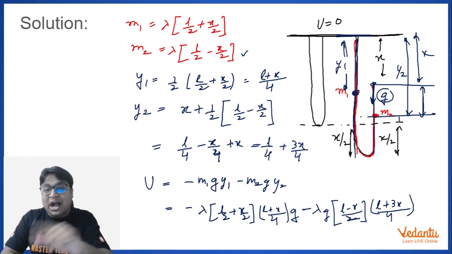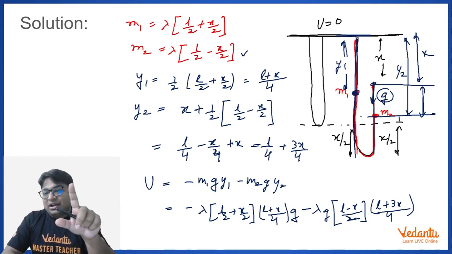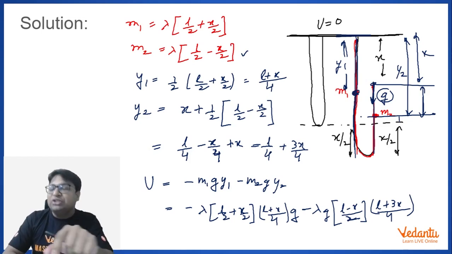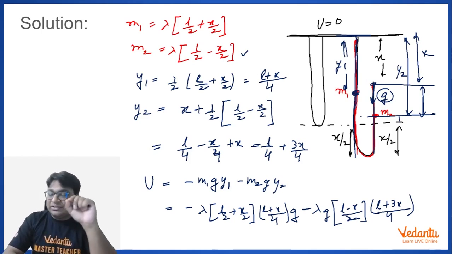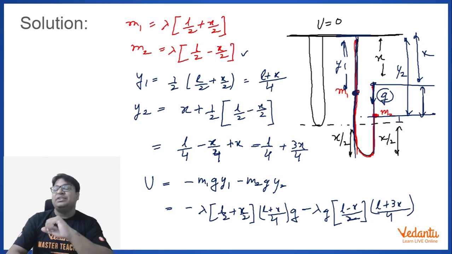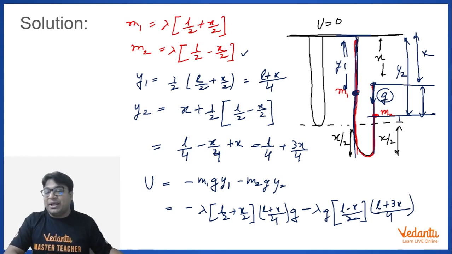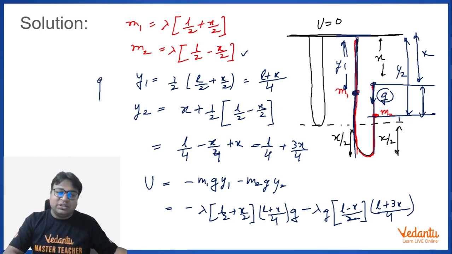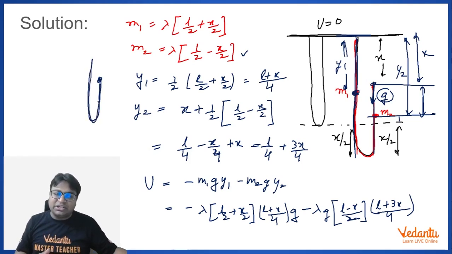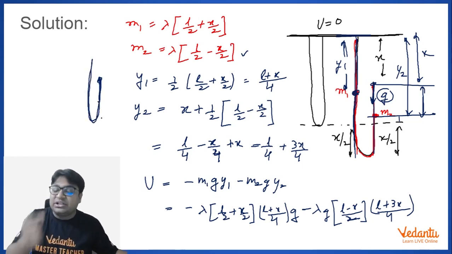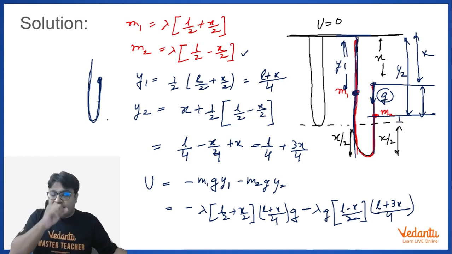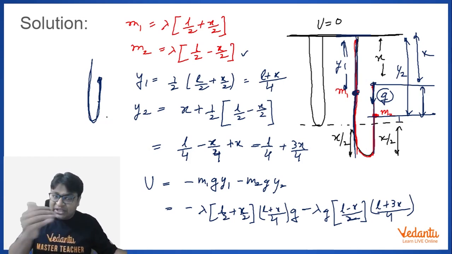But why? How can we prove that, or what argument can we give to prove that this end is indeed falling with the acceleration g? My counter argument is this end is not an isolated entity. It is connected to a heavy chain. There can be tension in the chain. Since it is heavy, the tension can be variable at different points.